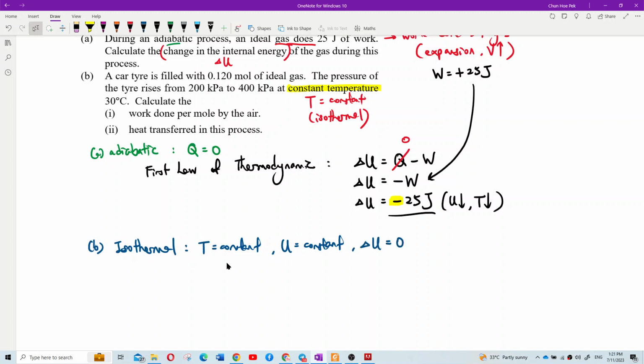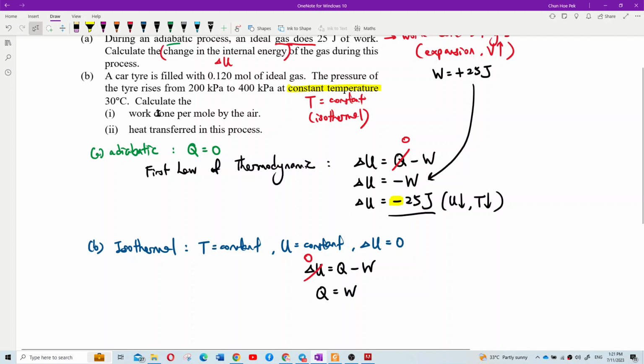Delta U is zero. So if we refer back to the first law of thermodynamics, it is delta U equal to Q minus W. For an isothermal process delta U is zero. So Q equal to W. Right or not? For isothermal.